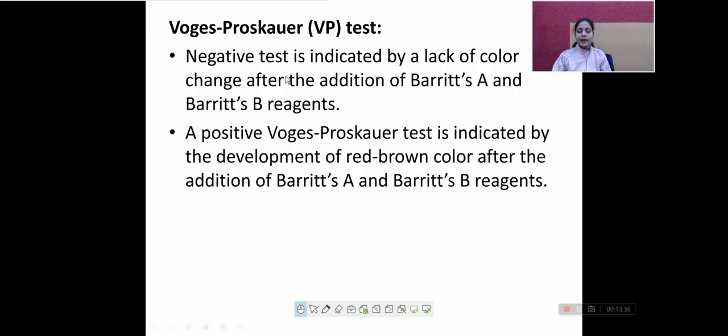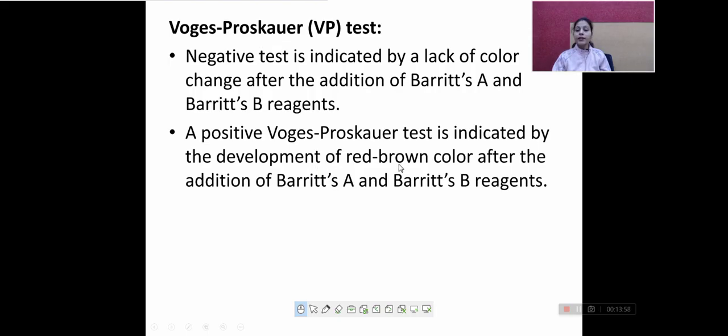A positive Voges-Proskauer test, meaning VP test, is indicated by the development of red-brown color after the addition of Barritt's A and Barritt's B reagent.